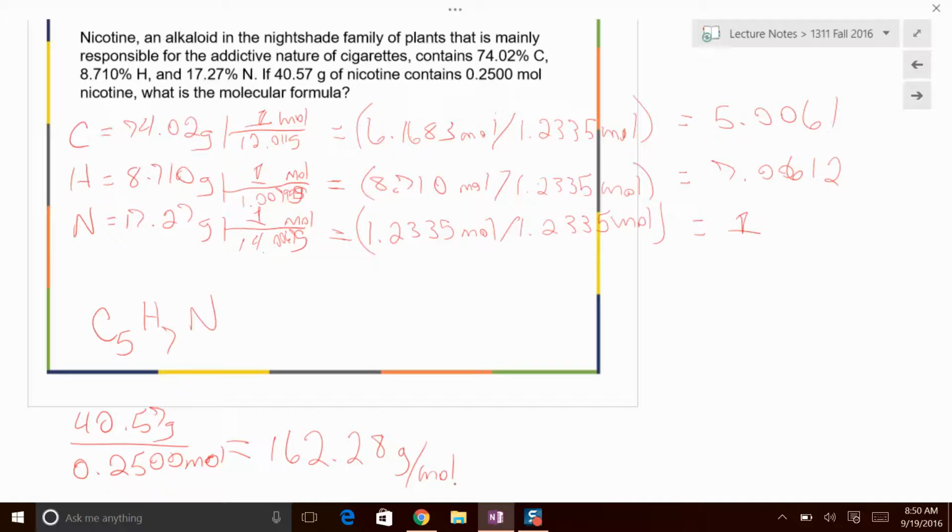So, this right here, C5H7N, is my empirical formula. I need to find the mass of that. C5H7N. What's 12 times 5?